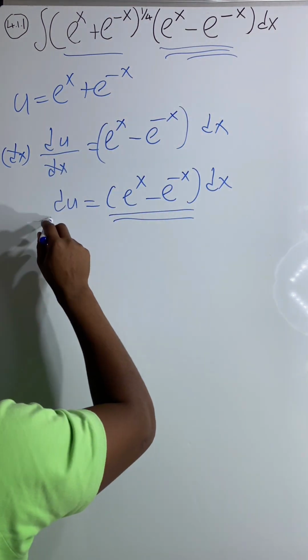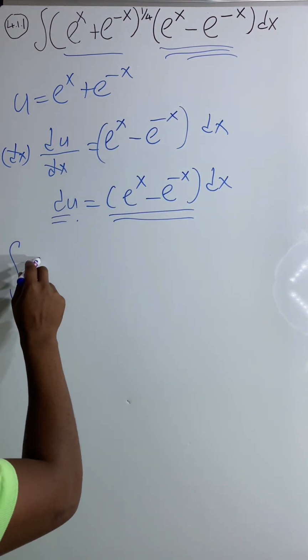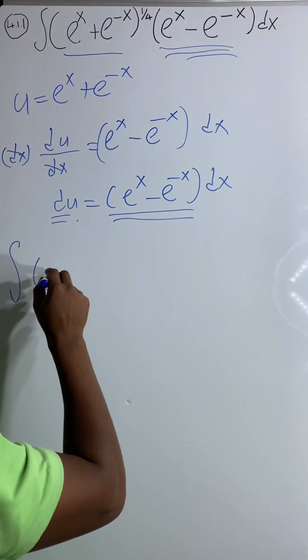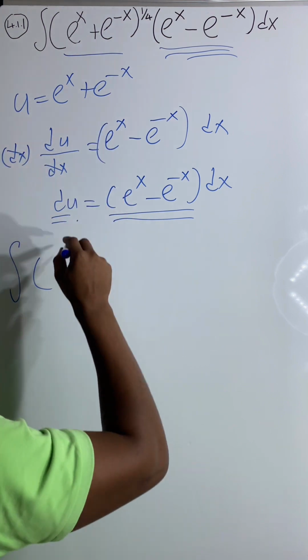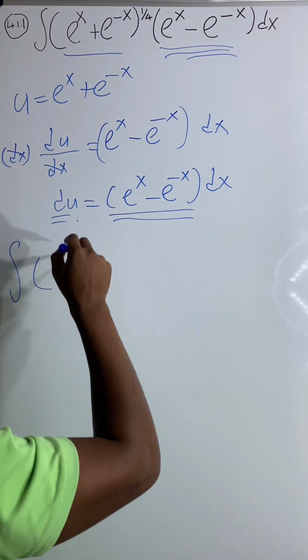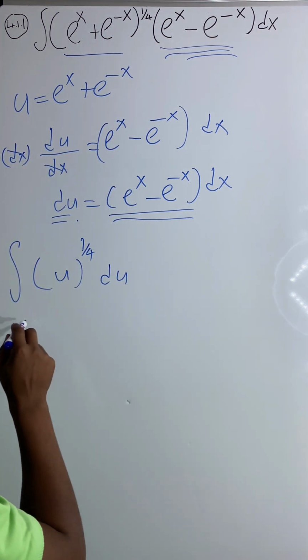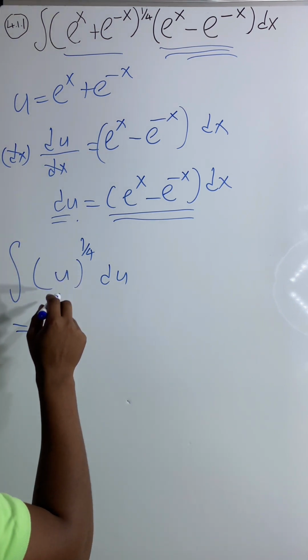So in the place of that we can substitute our du, and we already said that we will substitute u in the place of e^x + e^(-x), but let's include the exponent, integrating u to the power 1/4.